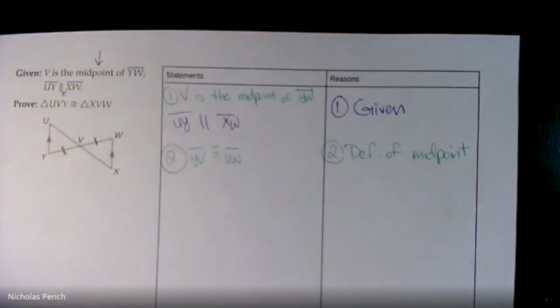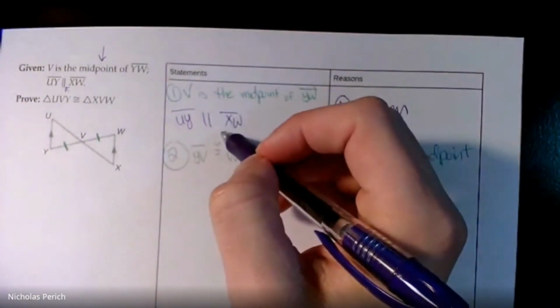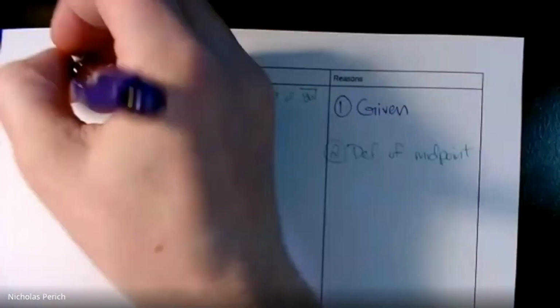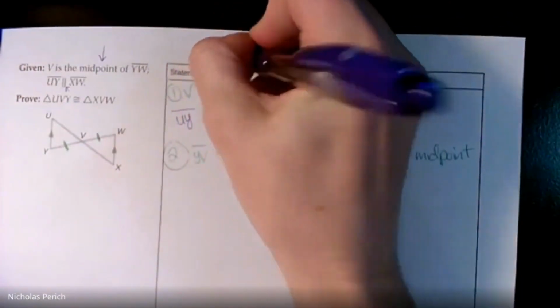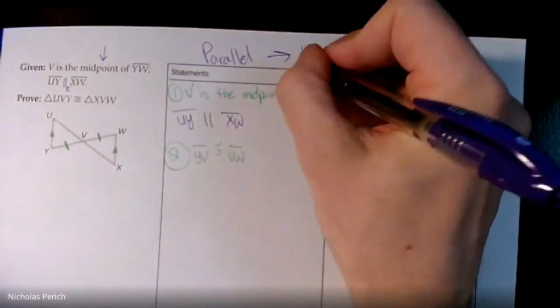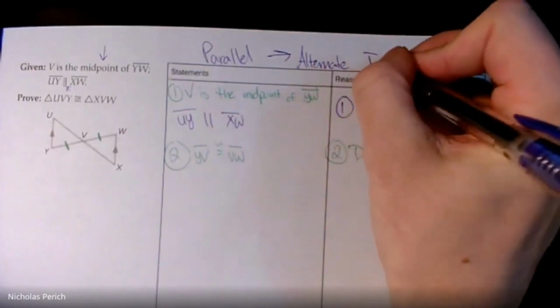The key with parallel lines is whenever you see parallel, that usually leads to alternate interior angles.